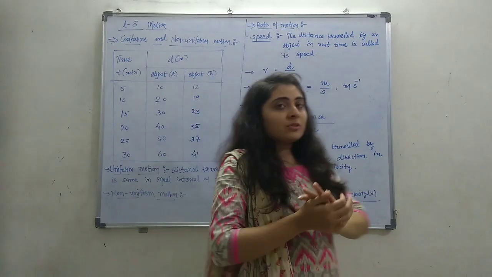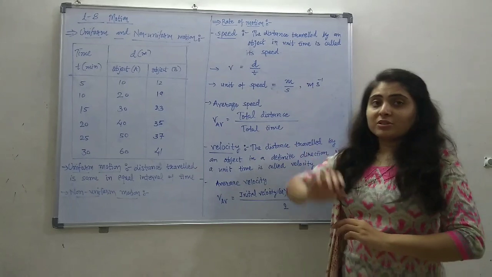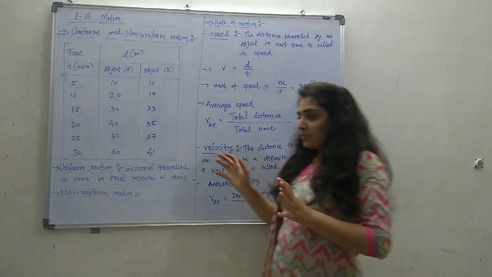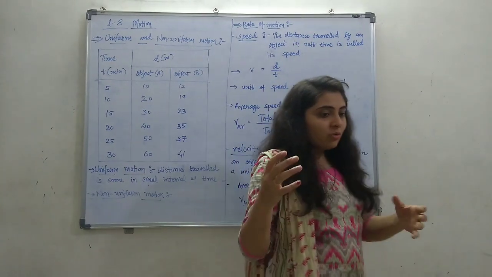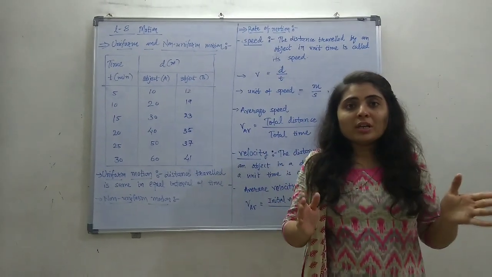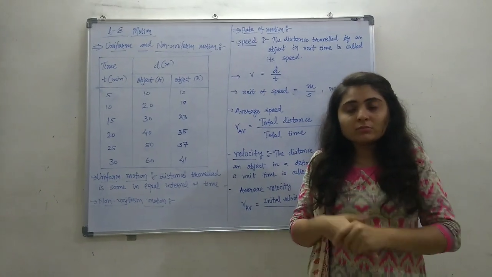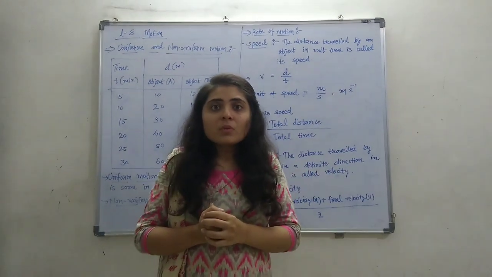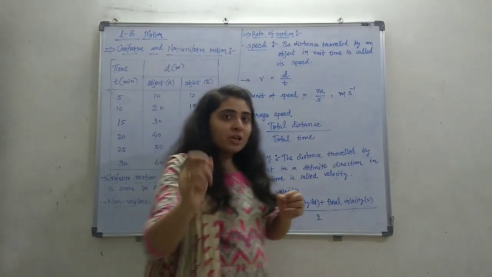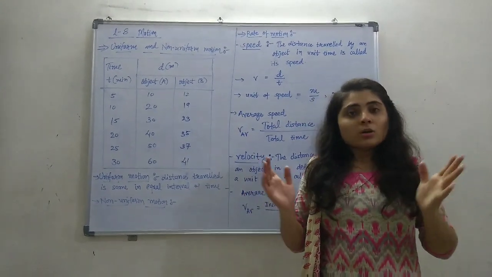So the distance traveled by the object in unit time is speed. Now understand this. If I ask you, when you are going from home to school, at what speed have you traveled, can you say a single speed that I have traveled with this speed during the whole motion from home to school?